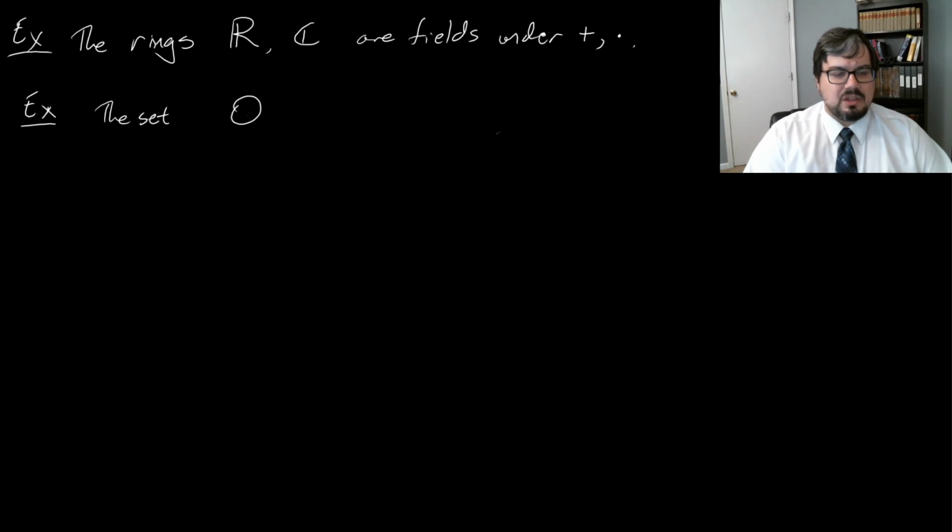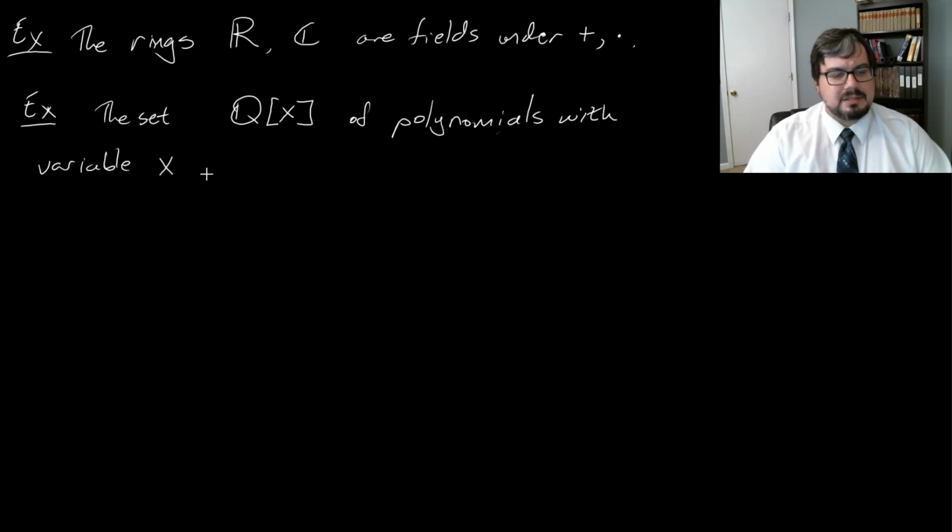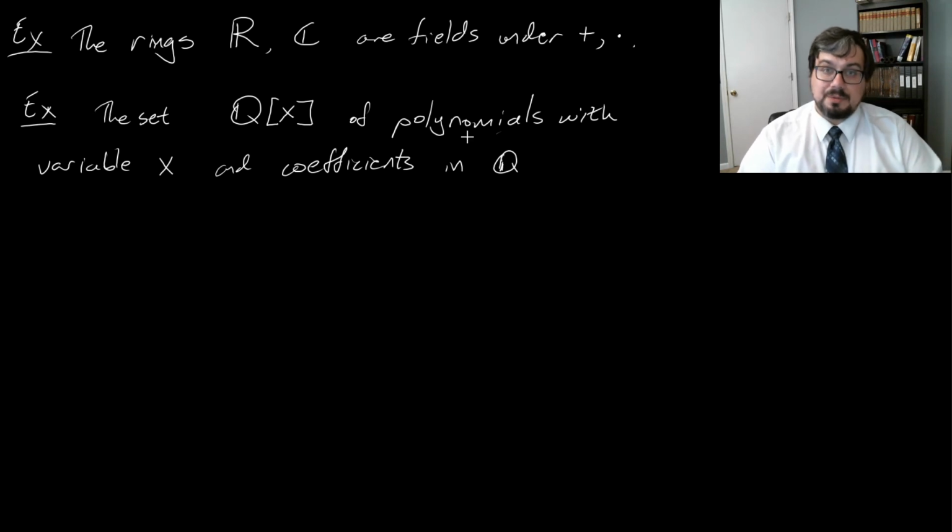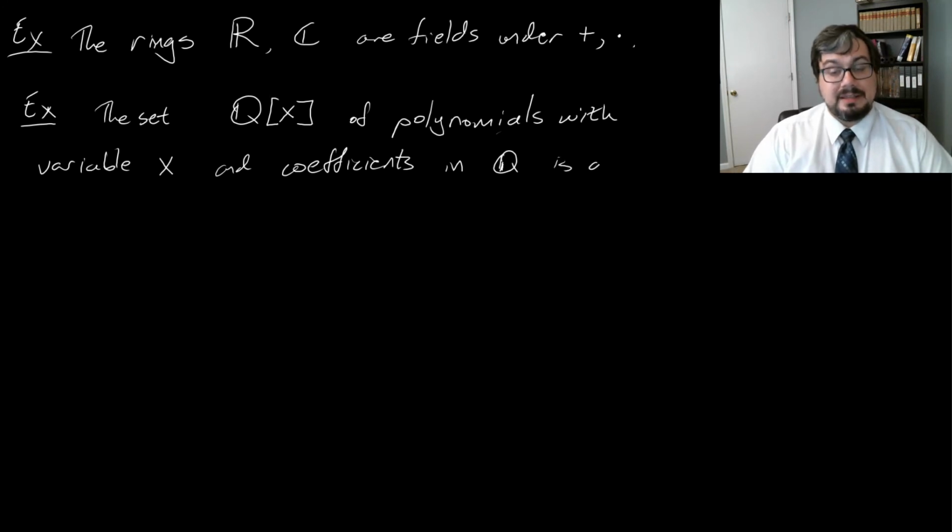The set Q adjoin X. This notation refers to the set of polynomials with variable x and coefficients in Q. So polynomials using x as the variable and where all the coefficients are rational numbers, the set of all of those polynomials is a commutative ring with identity.